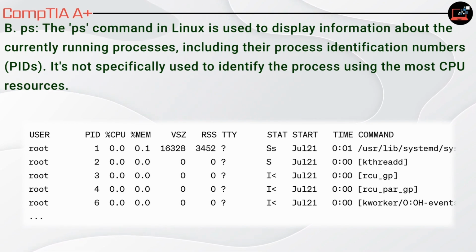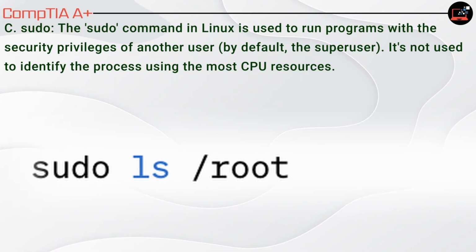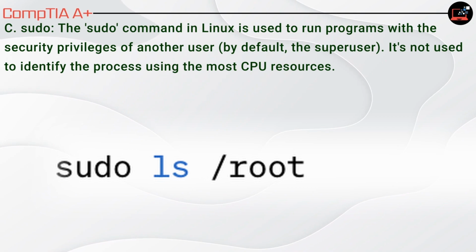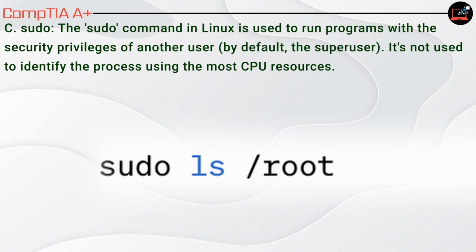B, ps. The ps command in Linux is used to display information about the currently running processes, including their process identification numbers, PIDs. It's not specifically used to identify the process using the most CPU resources. C, sudo. The sudo command in Linux is used to run programs with the security privileges of another user, by default the superuser.